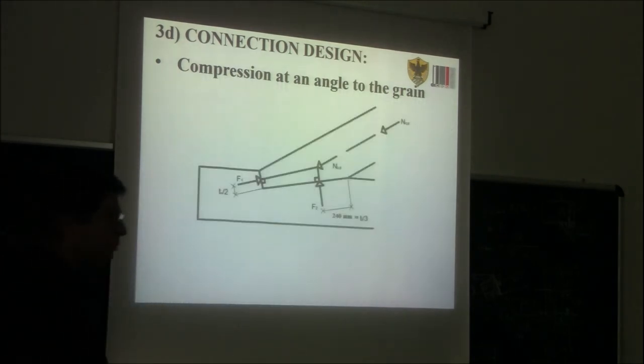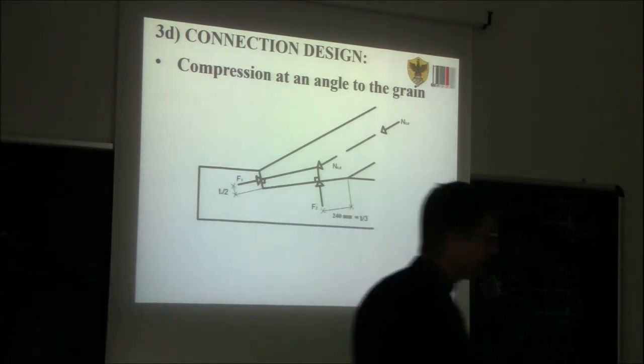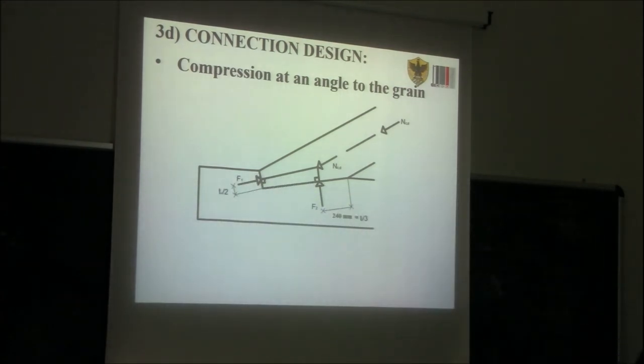And then we need to start doing our verification ultimately, of compression at an angle to the grain. We need to sketch, you see, the forces. We said before that this force here is applied along the axis of the rafter. Then the reaction from the front notch is taken perpendicular to the line of the front notch, passing through the midpoint.